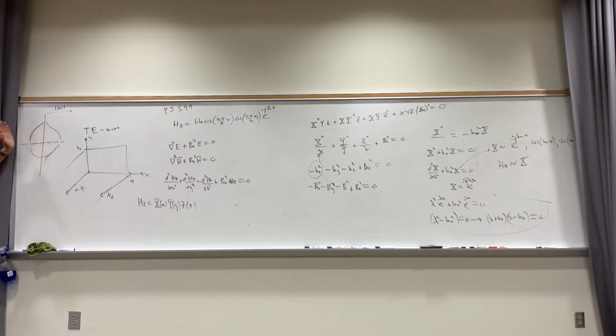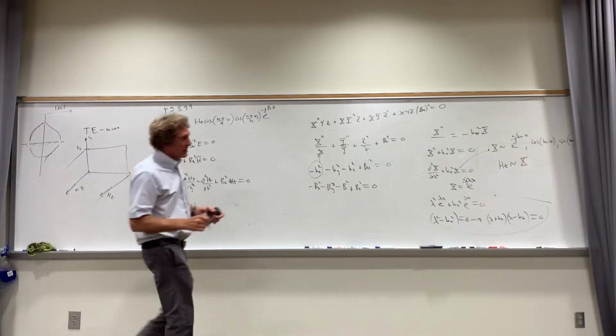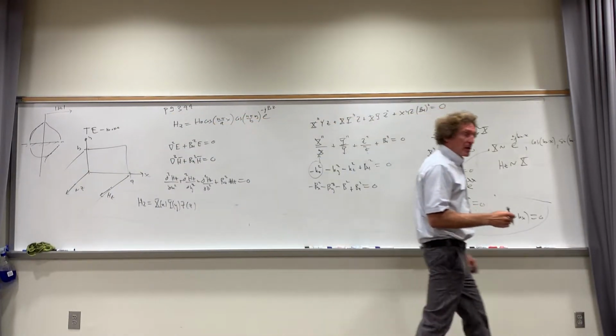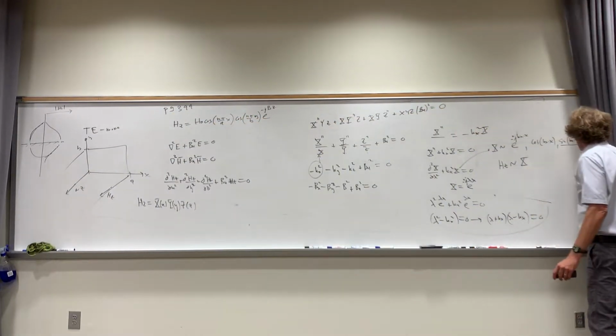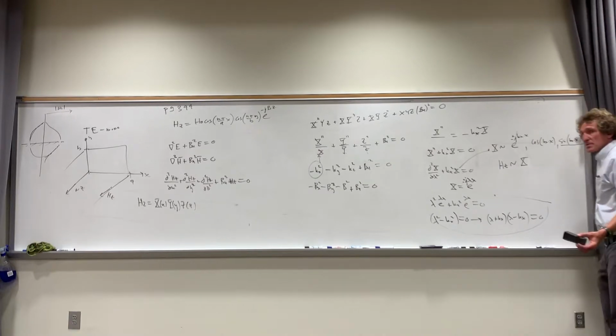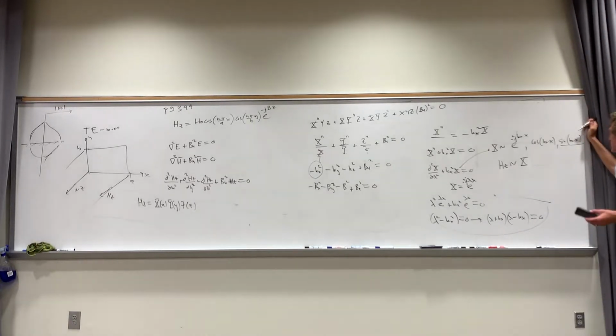The H field is either a minimum or a maximum positive value, but it is an extremum, which means the derivative with respect to the normal, which would be either x or y, is 0. Now, think about this. If I choose a sine, the derivative of sine would be a cosine, wouldn't it? But cosine of kx times x would not be 0 if x was 0.